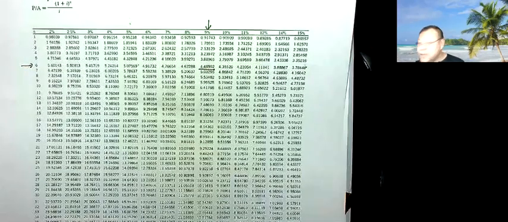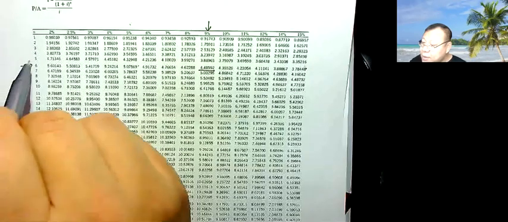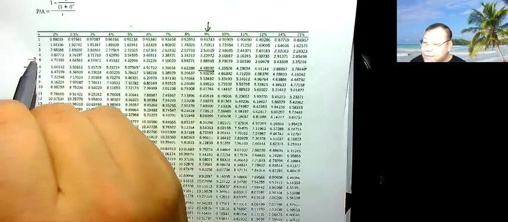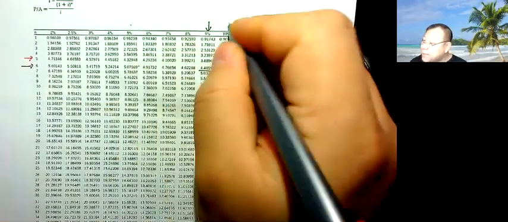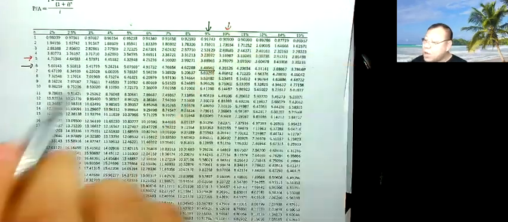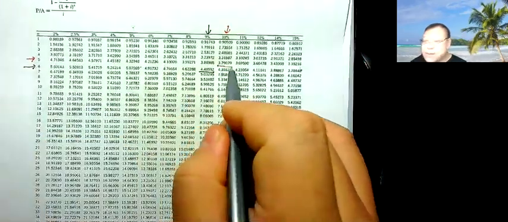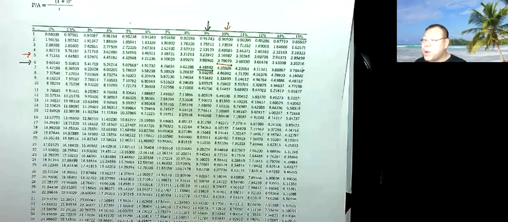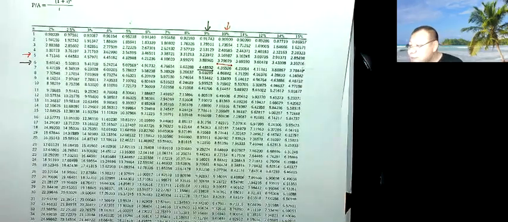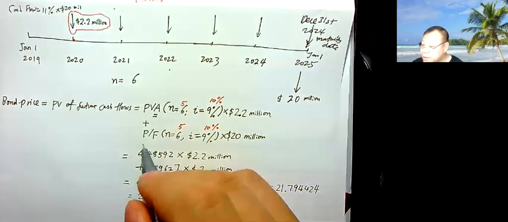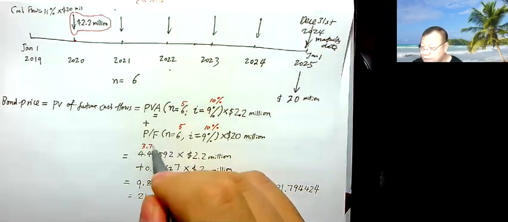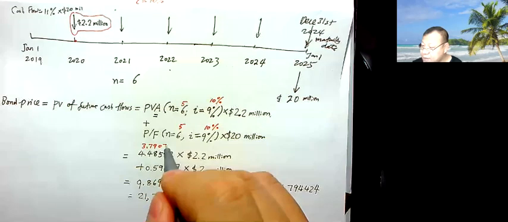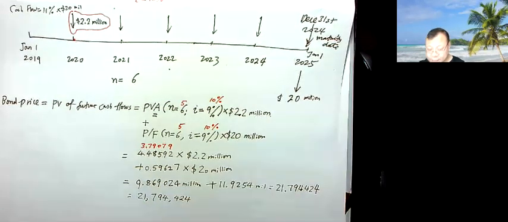So the annuity discount factor would be N equals 5, I equals 10%. So now my discount factor is 3.79079.